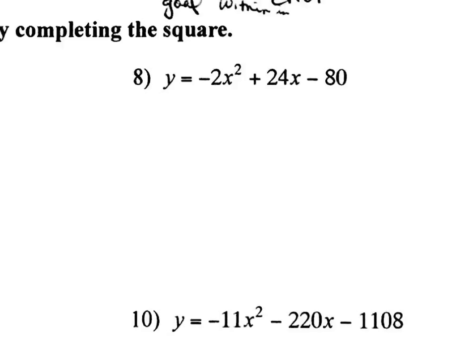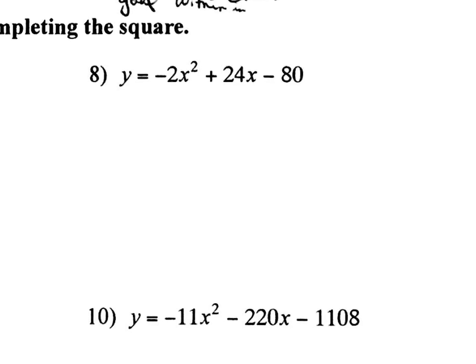All right, let's check question 8. So same way, we're going to take out a GCF, or sorry, copy it with a blank first, plus 24x plus blank. Take out a GCF, negative 2x squared minus 12x plus blank. So it became minus 12 because I'm dividing by negative 2.